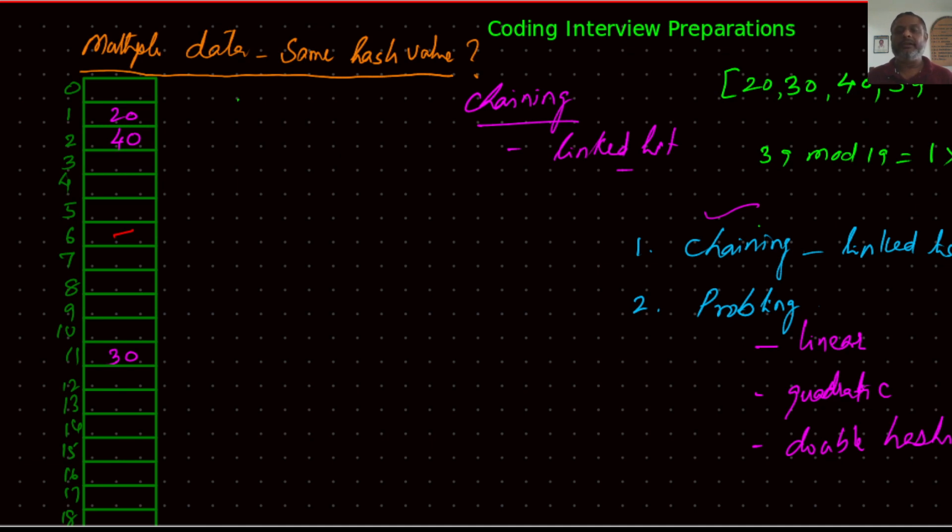Then we tried 39, and 39 gets a location of 1 again, and 1 is already occupied. Therefore what we can do is add a new node linked to this particular location and add 39 there, and that's it.